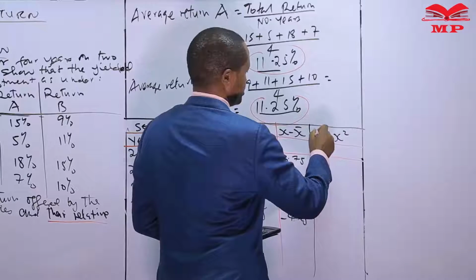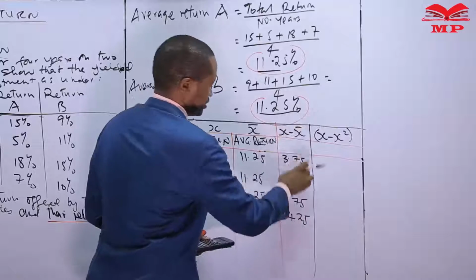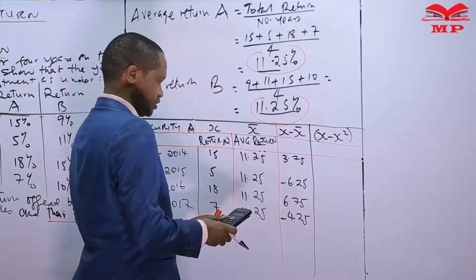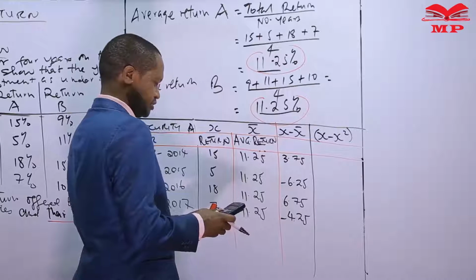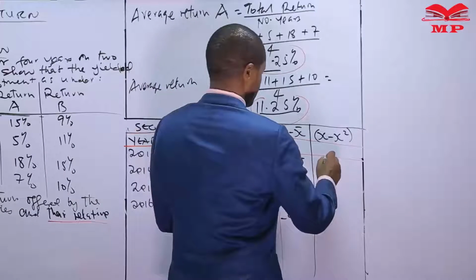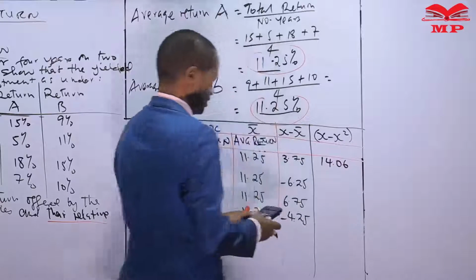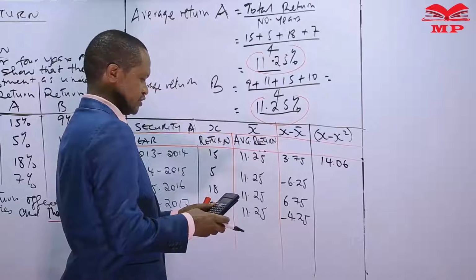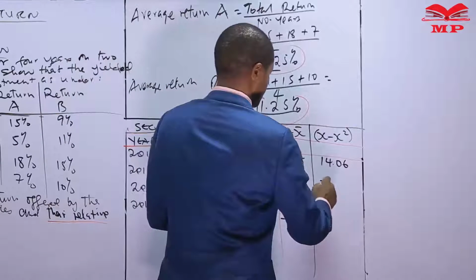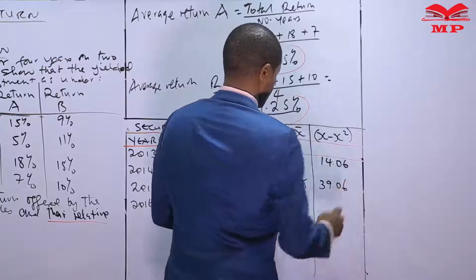So we need to square these deviations. Okay, we get the square of 3.75 square, this is equal to 14.06. Next, 6.25 square, 39.06.